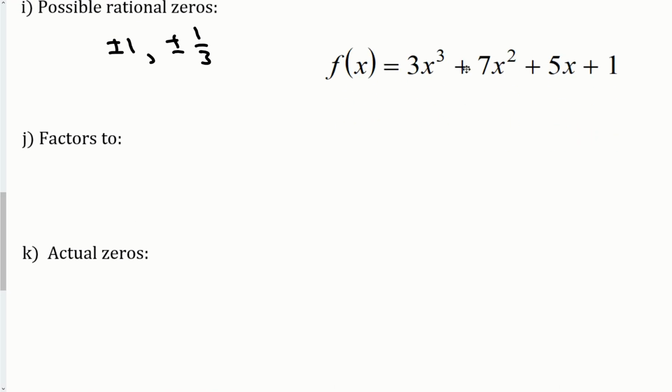So now we have to actually factor it. I'm going to take these 4 possible zeros and see if any of them work using synthetic division.